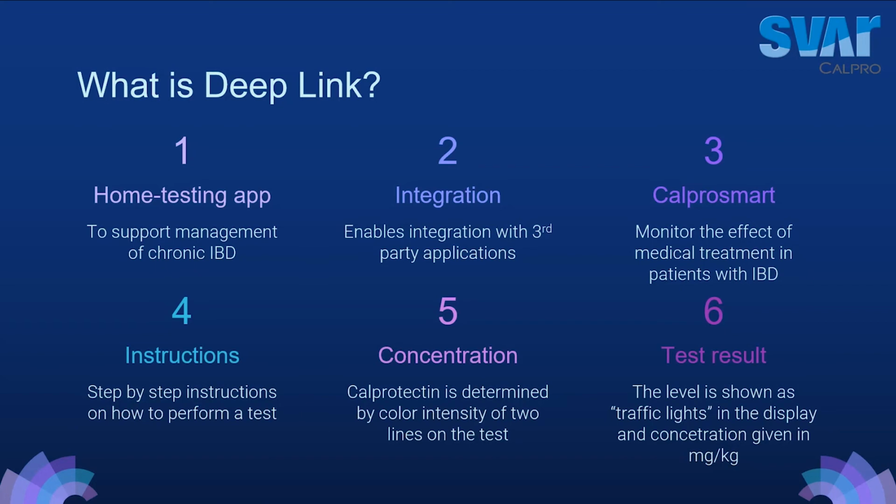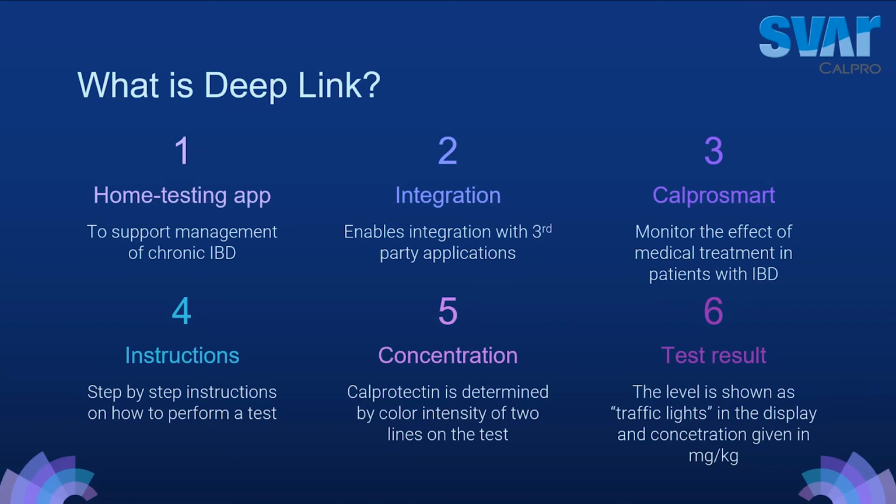And CalproSmart is a system to monitor the effect of medical treatment in patients with inflammatory bowel disease. So the app is a part of Rapid Home-based test system that, by calculation of the concentration of the calprotectin protein in an extract of feces, both enables identification of possible non-responders and patients who are in early phase of relapse.